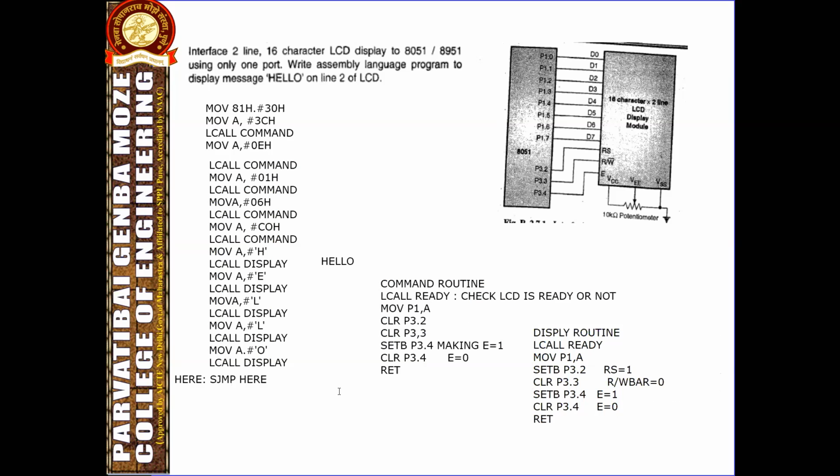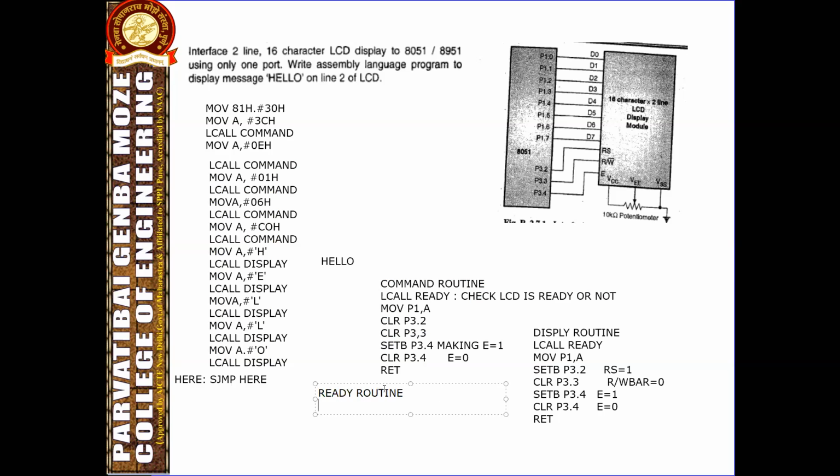Similarly, we have to write the code for the ready subroutine, because we have called here lcall ready. So this is the ready subroutine. For the ready routine, what commands should be written? Let's see now.